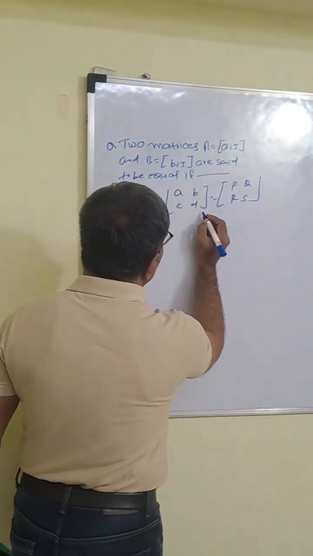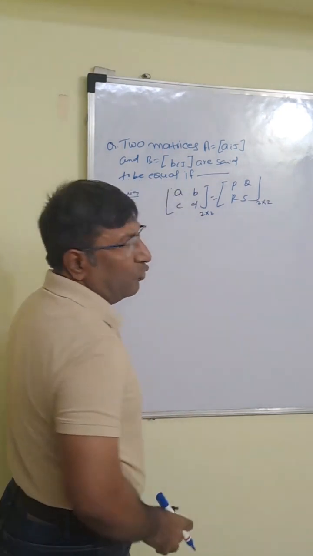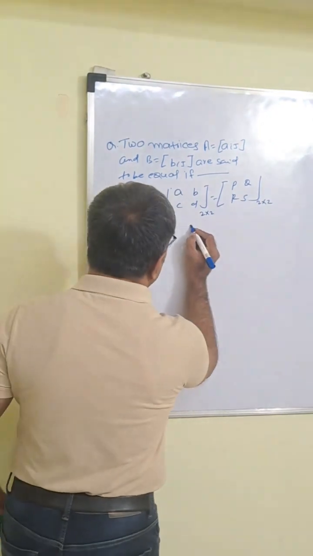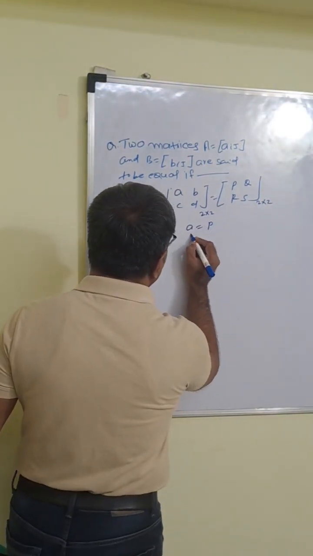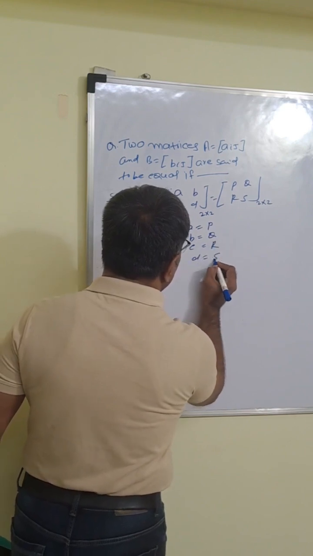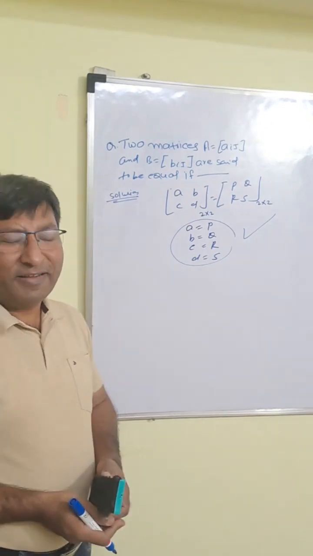So see, row into column, order is 2 by 2. Here order is 2 by 2. So both matrices have same order. Corresponding element means that is A should be P and B should be Q, C should be R and D should be S. If this condition satisfied, both matrices are equal.